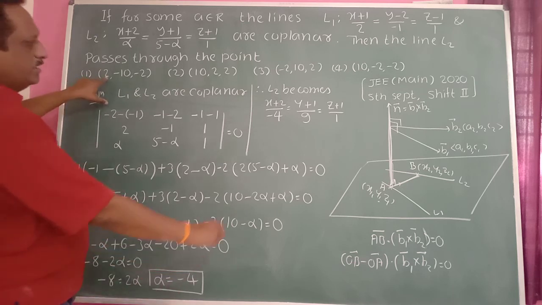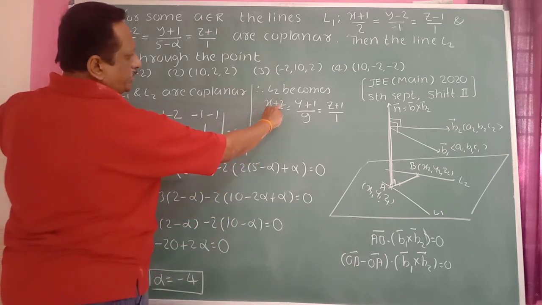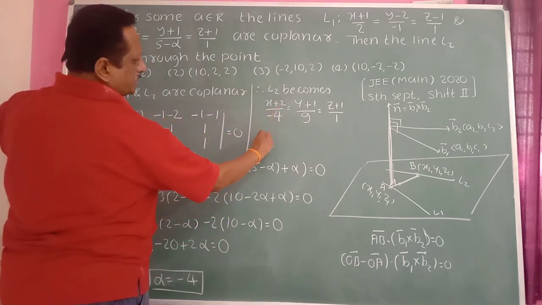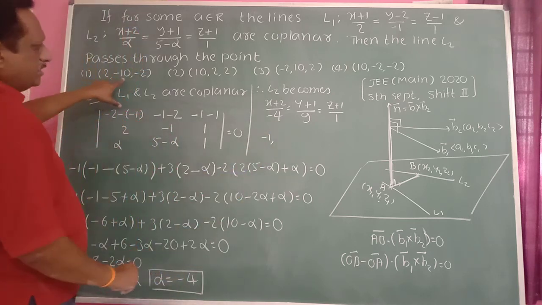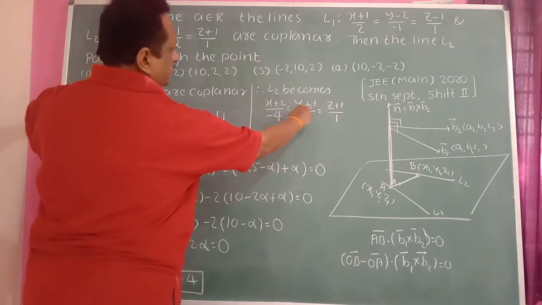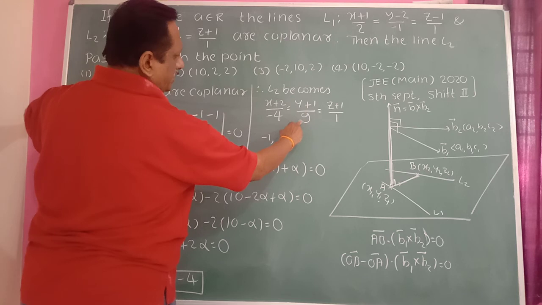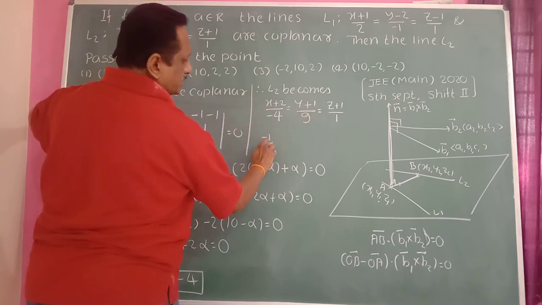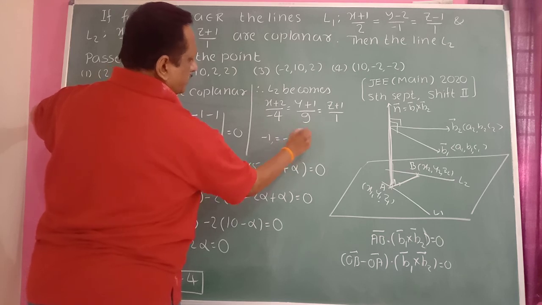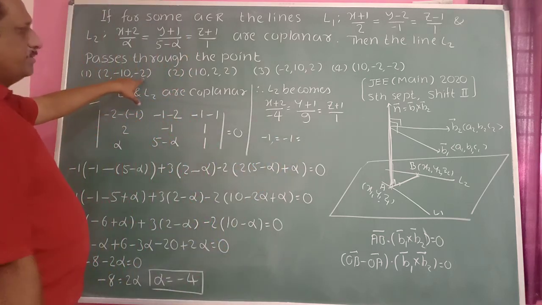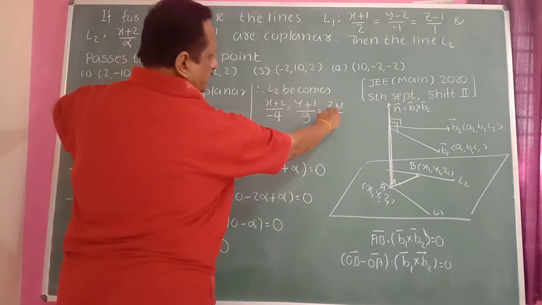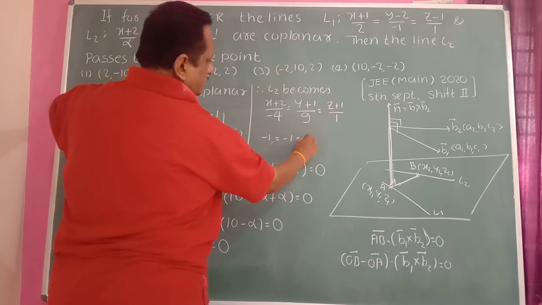So put the x value: 2 plus 2 becomes 4, 4 upon minus 4 is minus 1. Then take y as minus 10: minus 10 plus 1 is minus 9, minus 9 upon 9 gives minus 1. Then the z value minus 2: minus 2 plus 1 is minus 1, minus 1 upon 1 gives minus 1.